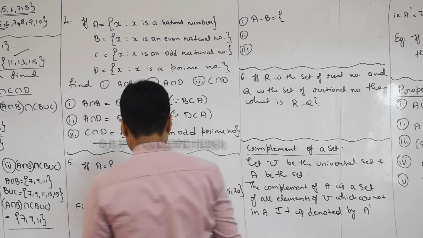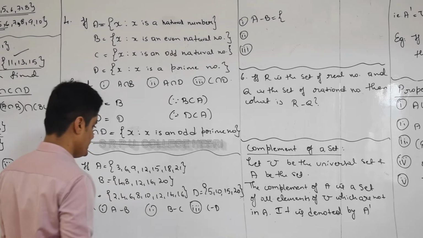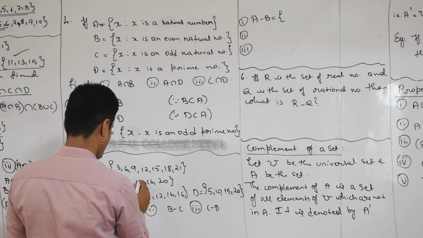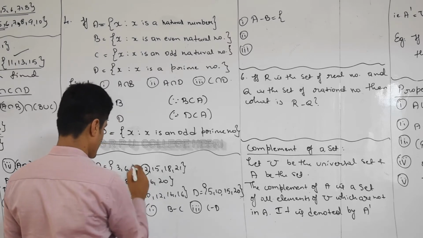So first you identify the common elements between A and B. Which are common? 12 is common. That's it, right? Only 12 is common in both.